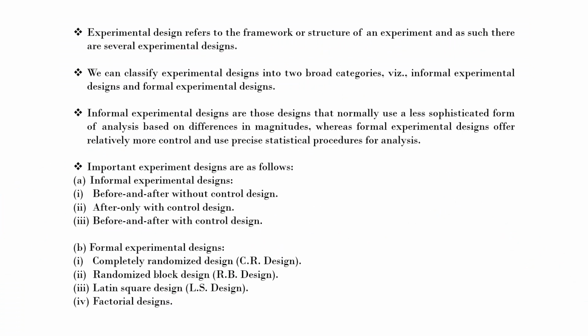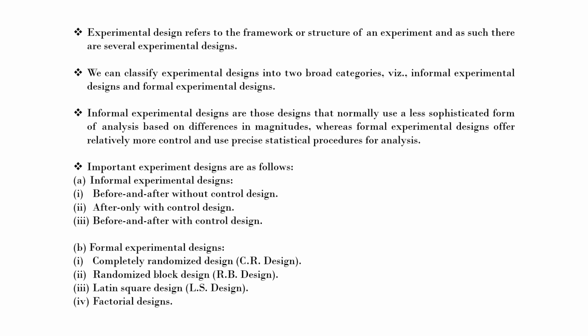So when we say experimental design, what do we mean by that? It's actually the structure or framework of the experiment, and we have classified experimental designs into two broad categories, that is informal and formal experimental designs. In the case of informal experimental designs, like the name says, we can be casual about it.